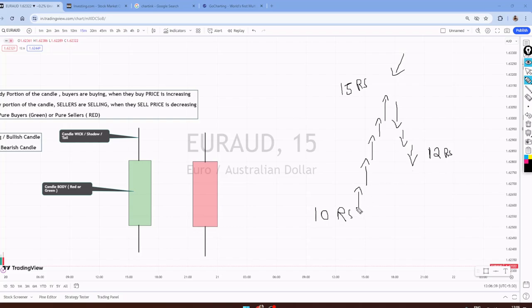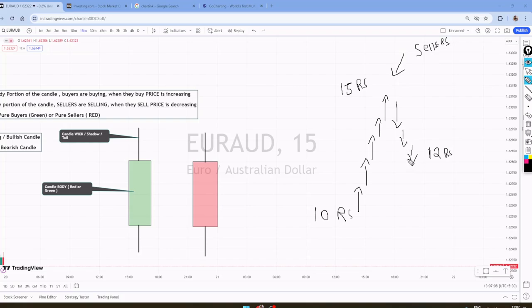So now what happens? People are buying, they started to buy from 10 rupees and the price moved to 15 rupees. As soon as it moved to 15 rupees, some sellers entered here and they are selling, and they stopped here.